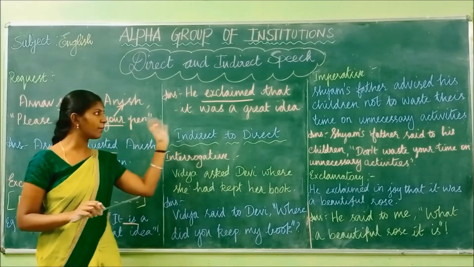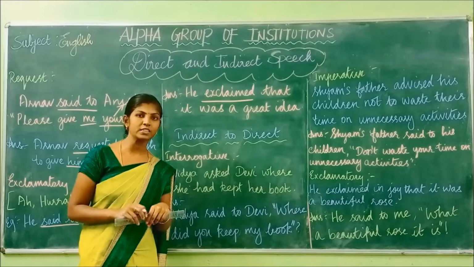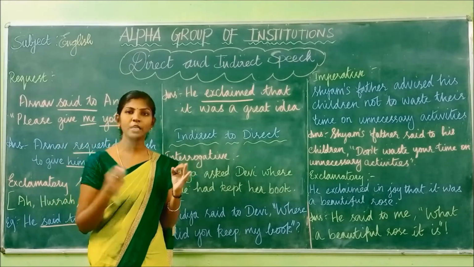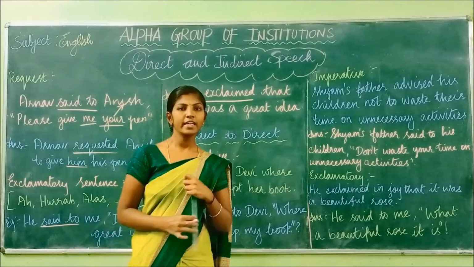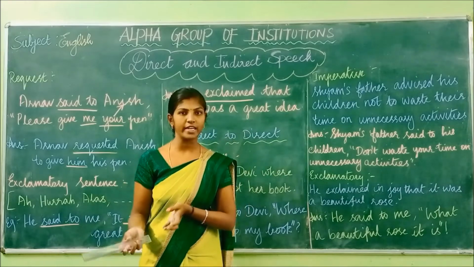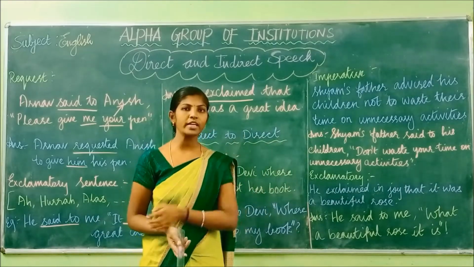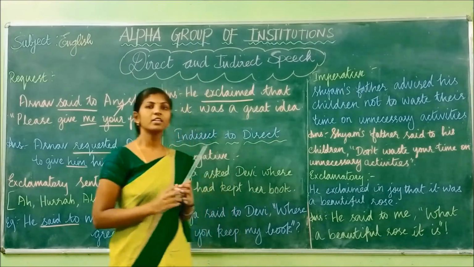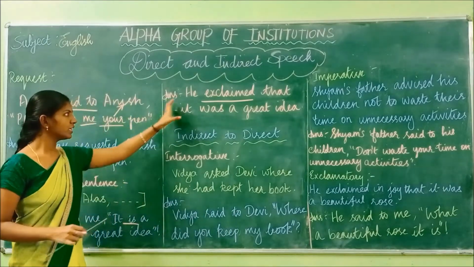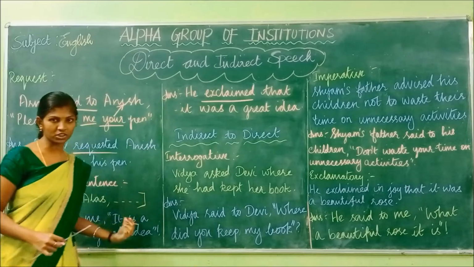Okay, children. So we have completed exclamatory sentences also. So far we have seen interrogative sentences, imperative sentences, and exclamatory sentences, that is, changing from direct to indirect. Now we are going to see changing sentences from indirect to direct. How do we change these answers to the question?